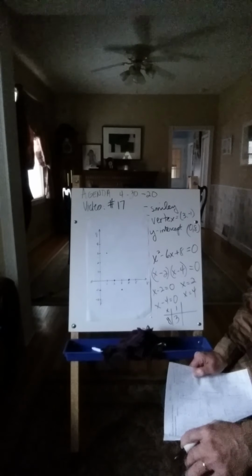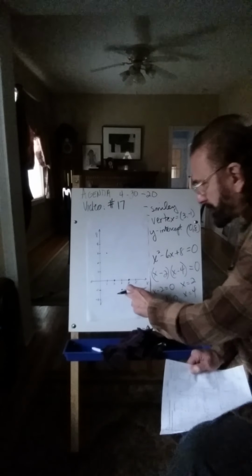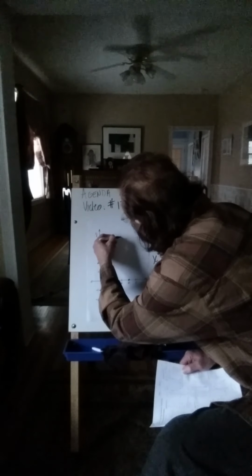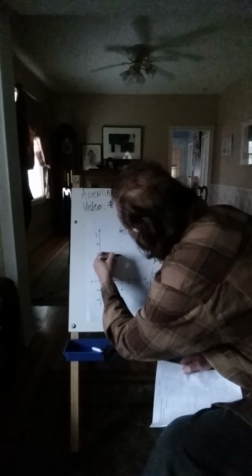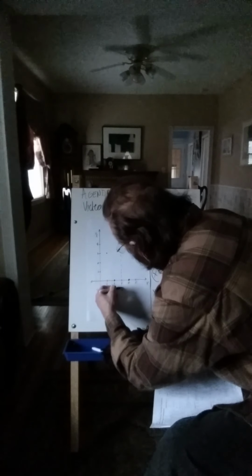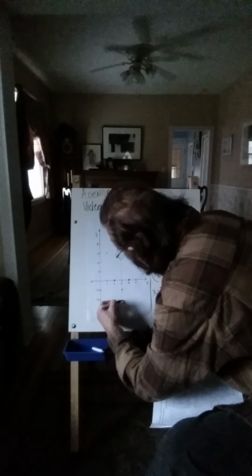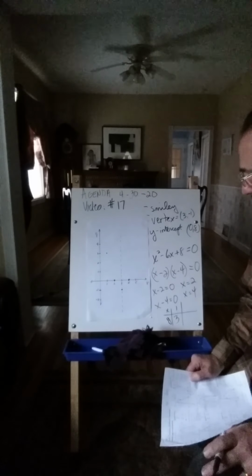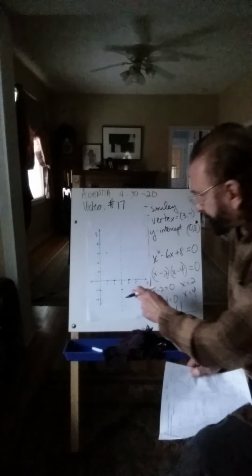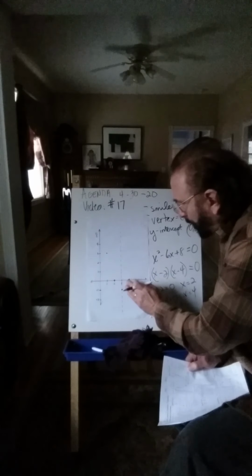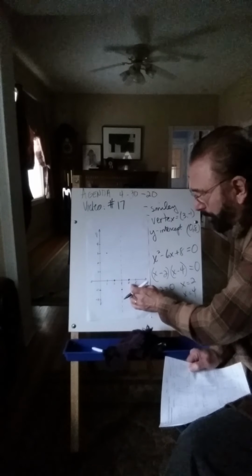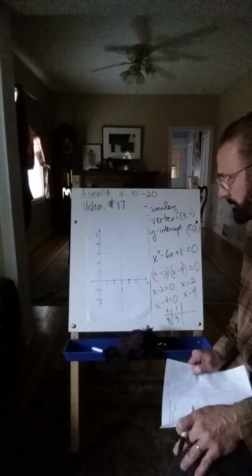Now, this is the vertex, the line of symmetry. Let's see if I can draw this well. There's my line of symmetry. Check this out. I know that these points are a mirror image. Notice I got 2 here and 4 over here. 3 goes right down the middle.